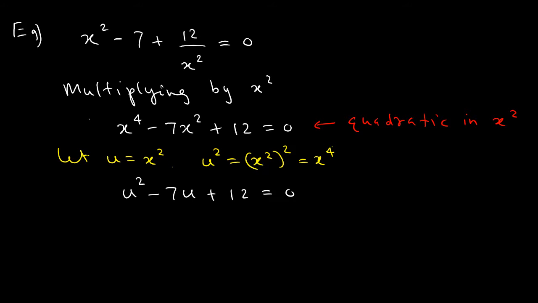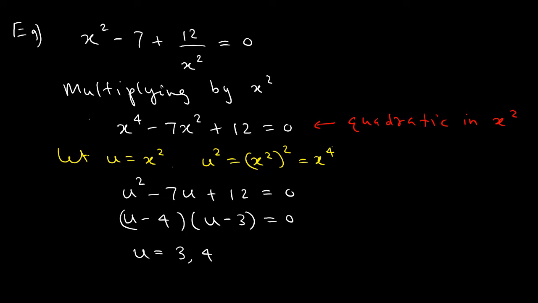So that's what you get. Now we're going to factor this. What are the factors? 4 and 3. So u minus 4 and u minus 3 equals 0. So u equals 3, 4.